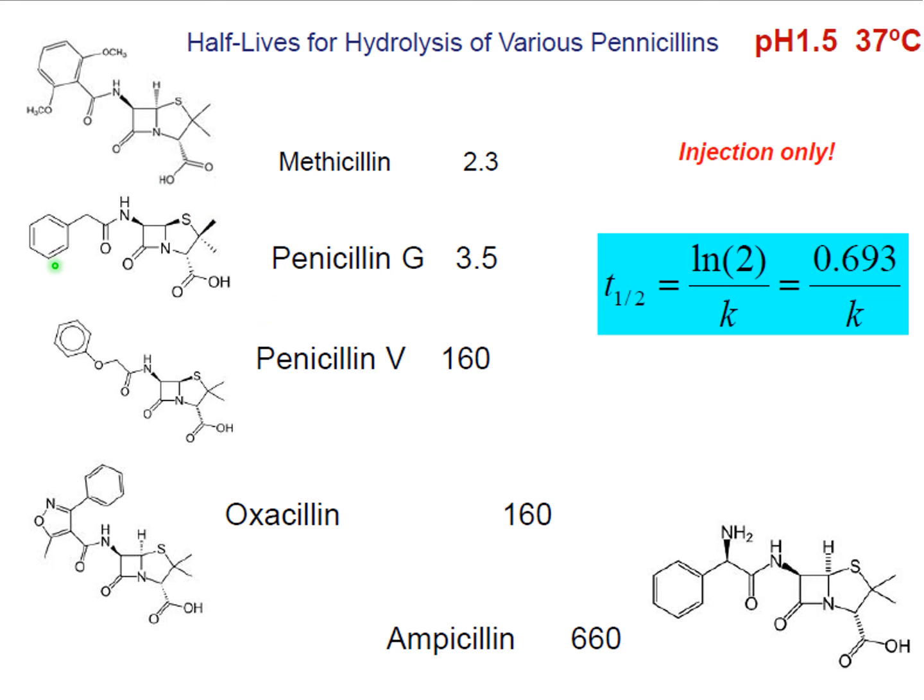More developed penicillins can stay longer, and modern antibiotics of the same nature, like ampicillin, have large half-lives of hydrolysis, so they can be orally administered. They will not decompose.